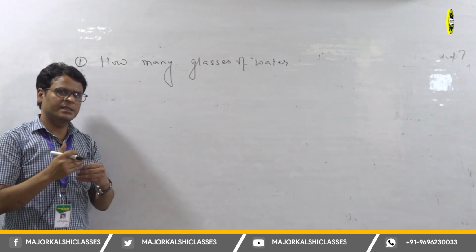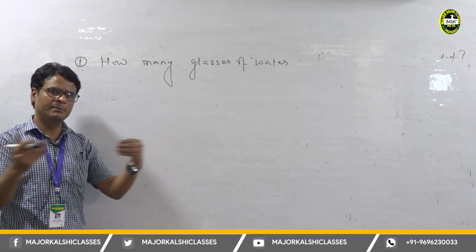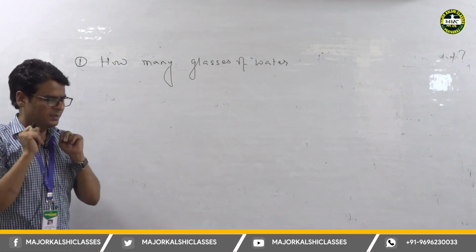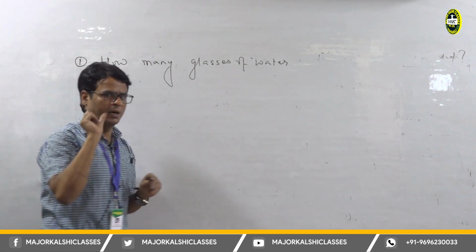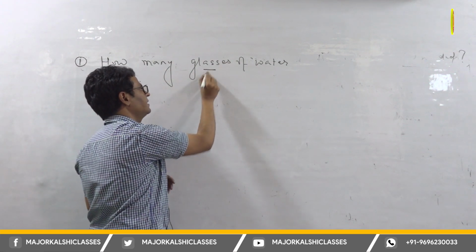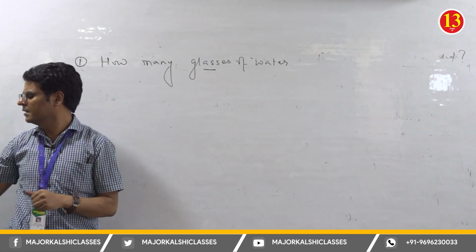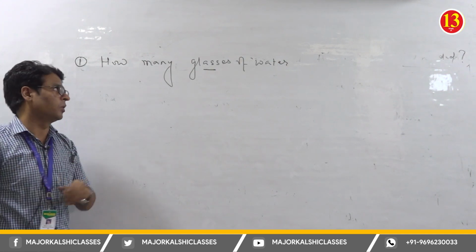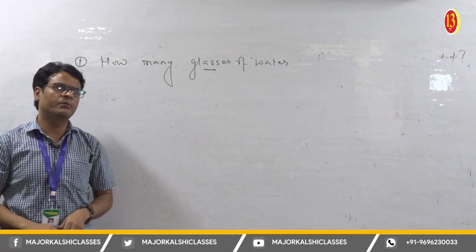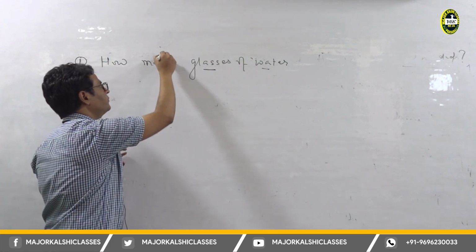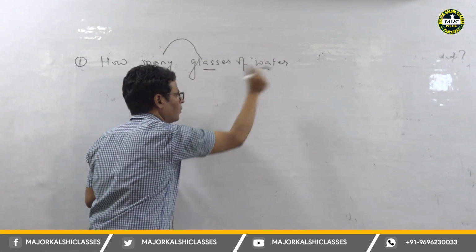How many glasses of water? This is a very big expression. Here we are finding two nouns. Glasses, it is called a countable noun because glass and glasses are used as a plural. How many glasses of water? Water is an uncountable noun. Many is used for glasses, not for water.